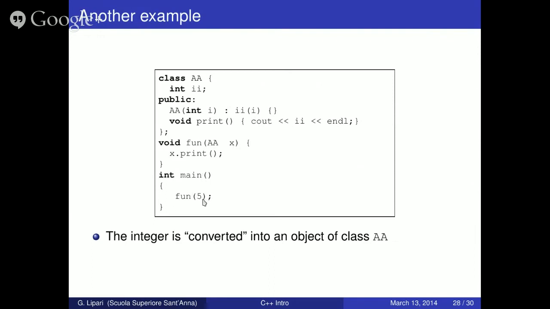Well, what happens is that there is no function which takes an integer as an argument, but you have a function which takes this class as an argument. So the compiler takes this 5, converts that into an object of type AA, a temporary object. This temporary object is passed to this function and copied into X, and then X is printed. And so if you actually compile and execute this code, what you see is 5 printed on the screen.